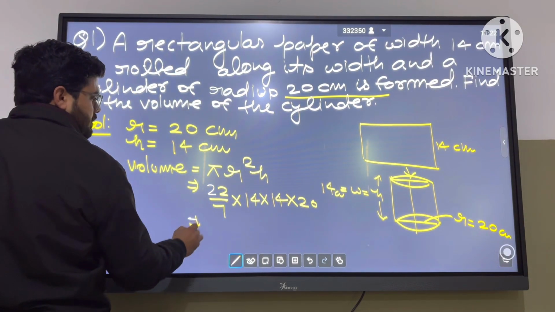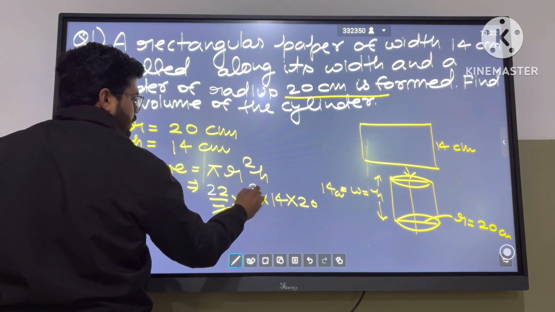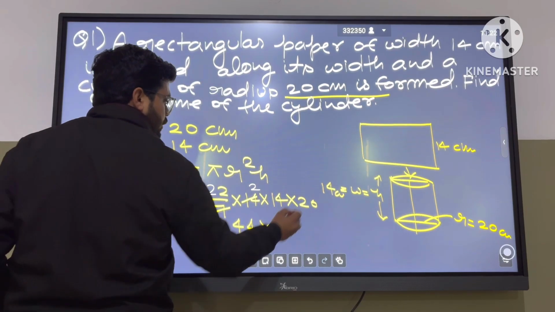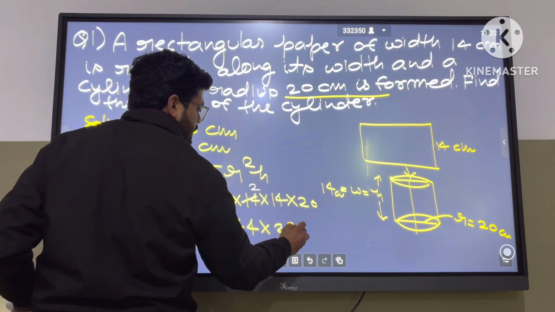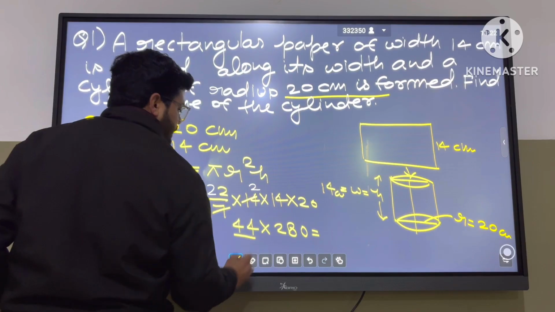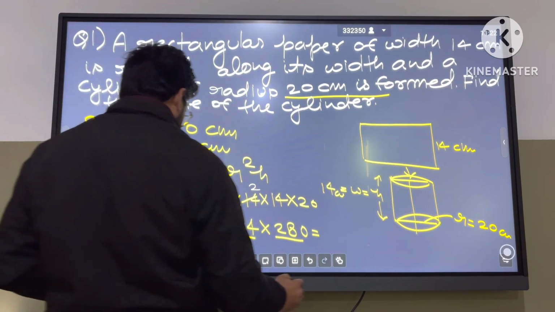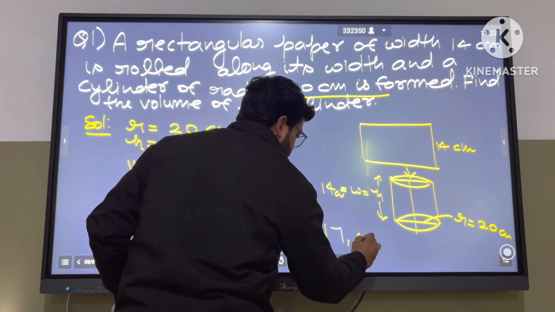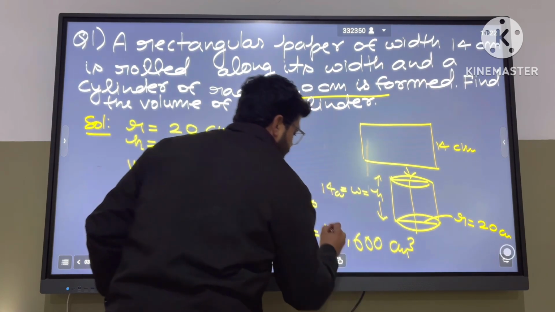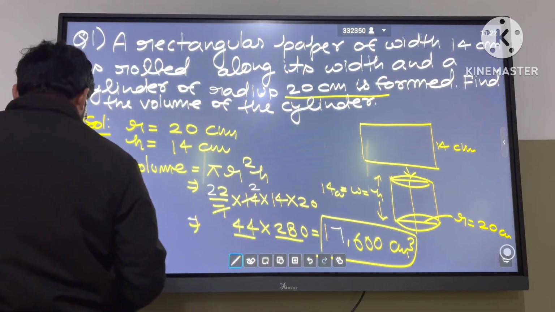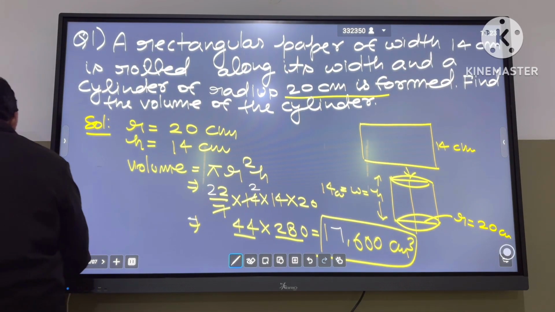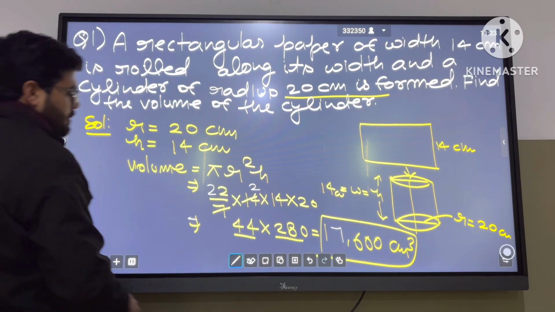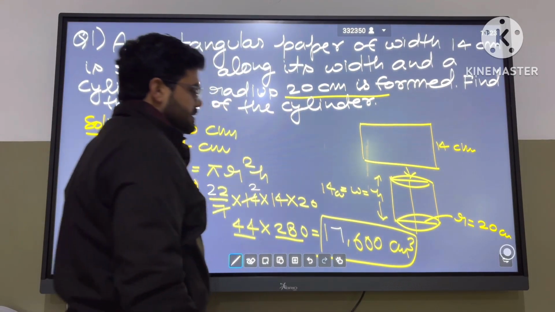So final answer, when we multiply 44 and 280, we get 17,600 centimeter cube. 17,600 centimeter cube is the volume of this cylinder.